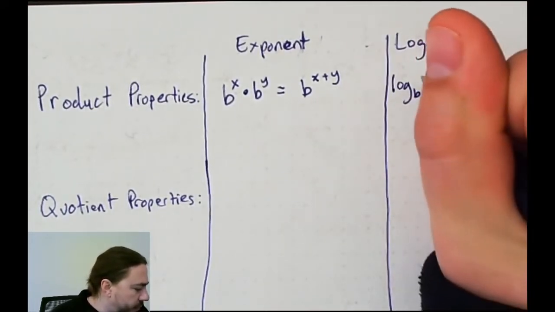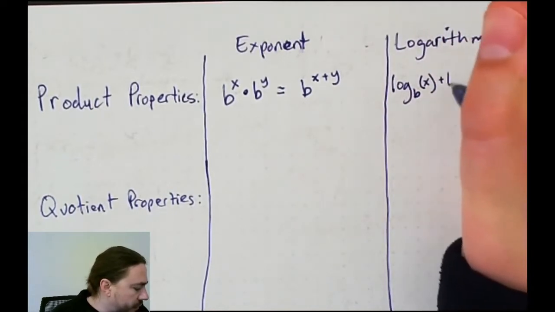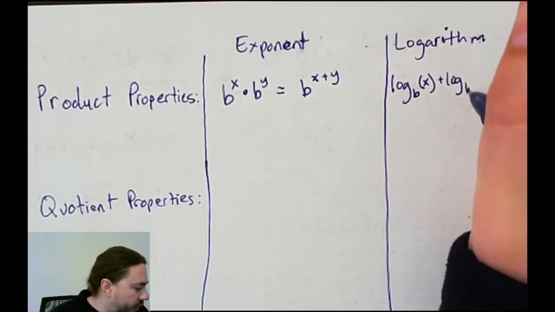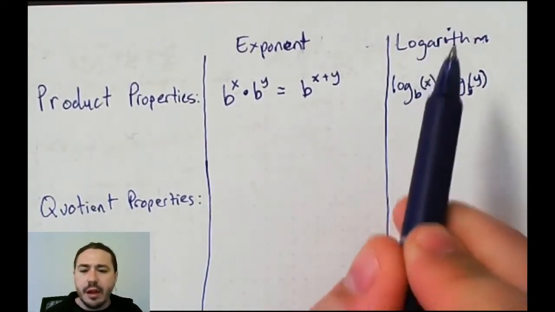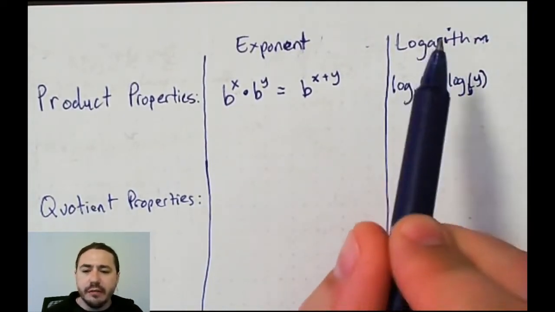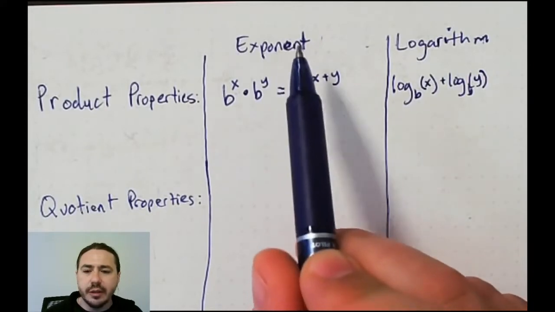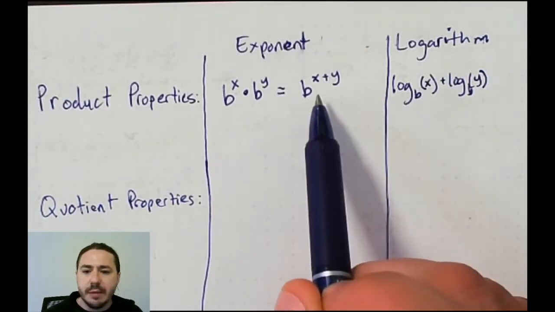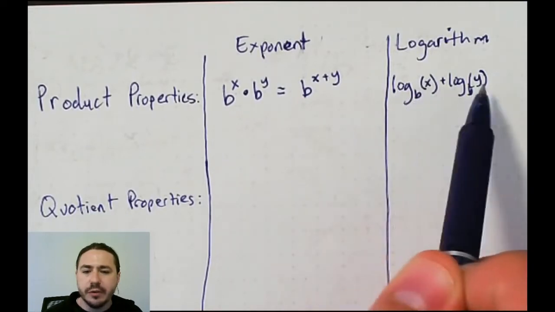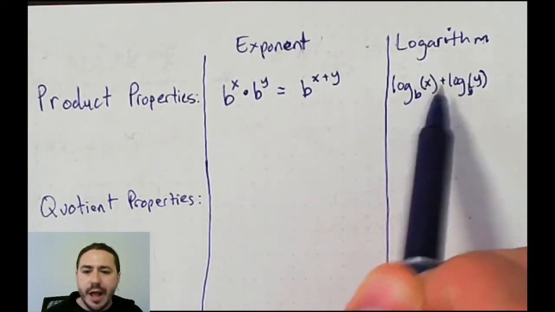So let's say log base b of x plus log base b of y. I want you to think about this, remember that logarithms are the inverse of exponential functions. So let's see how this is set up, where we've got the base and we've got two different logarithms, and we're adding them.